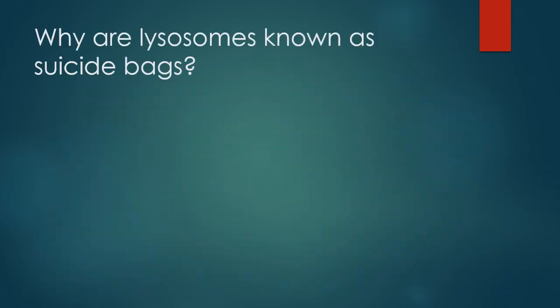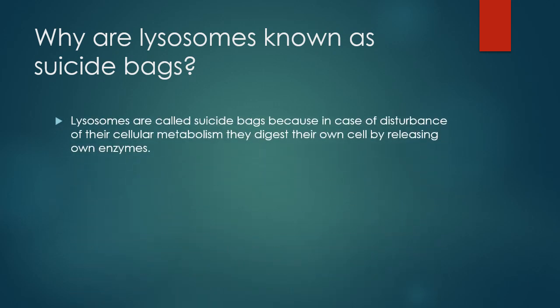Your next question is, why are lysosomes known as suicide bags? Lysosomes are called suicide bags because in case of disturbance of their cellular metabolism, they digest their own cell by releasing their own enzymes. Next question.